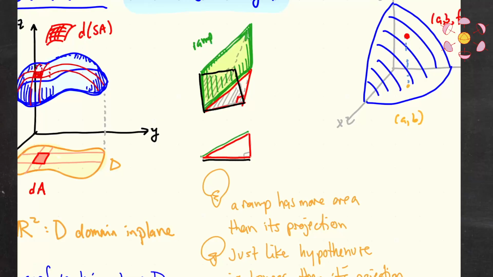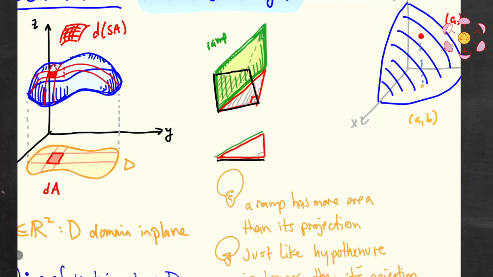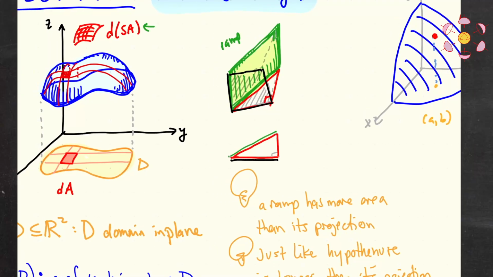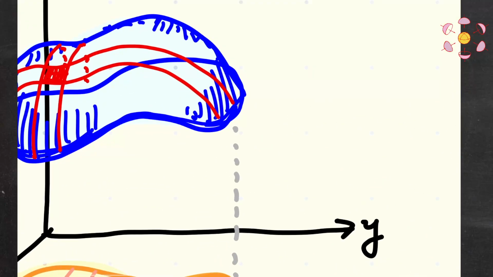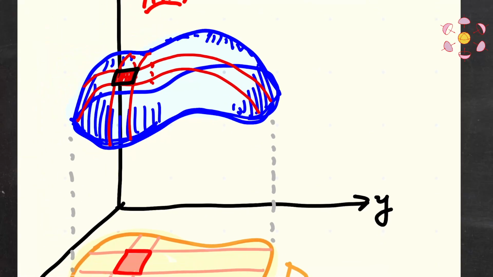Okay, so conceptually, we can't just say that d of SA is the same thing as this. This is the intuition that says we actually have to take into account how steep our surface is. So looking at this picture, this is nearly flat, so this is a pretty good approximation to the rectangle below.